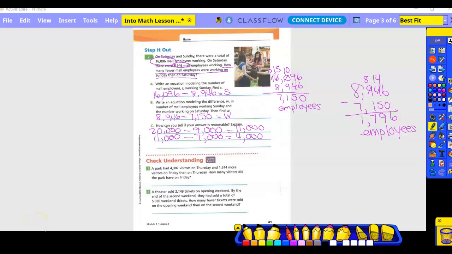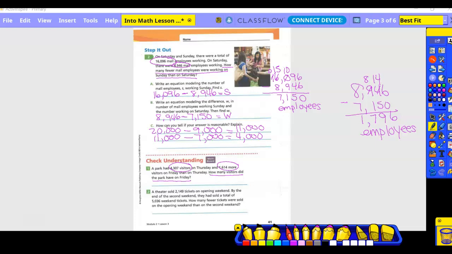Check understanding number 1. A park had 4,307 visitors on Thursday and 1,614 more visitors on Friday than on Thursday. How many visitors did the park have on Friday? So we need to pull out our information. 4,307 visitors, 1,614 more visitors, and then how many visitors did the park have on Friday?